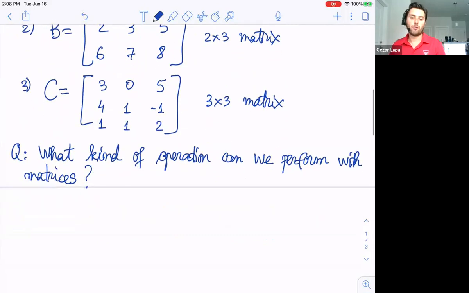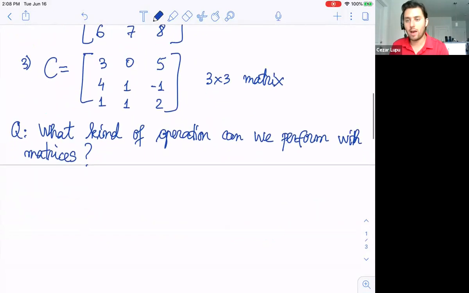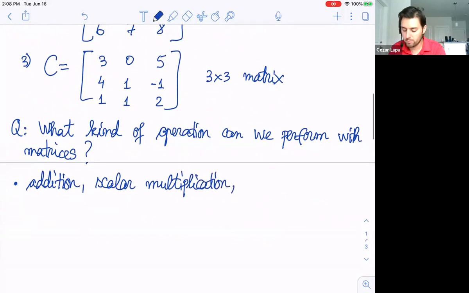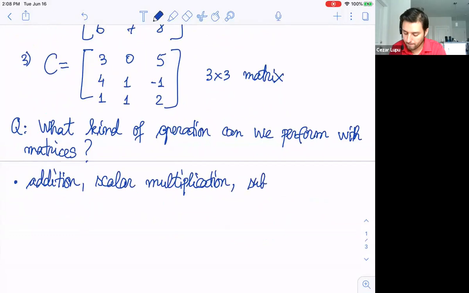And here, of course, when I talk about operations, I have in mind addition, scalar multiplication, subtraction, if you want, and why not matrix multiplication.